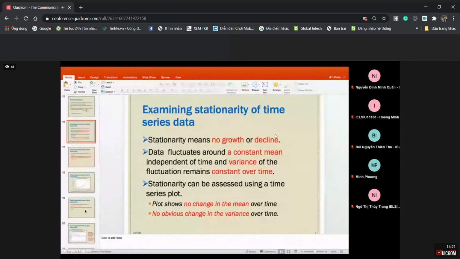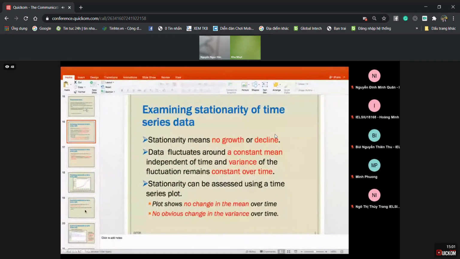The first thing you should check is to look at the plot. You see whether there is no growth or downward trend lines. Another thing is the fluctuation of the data.